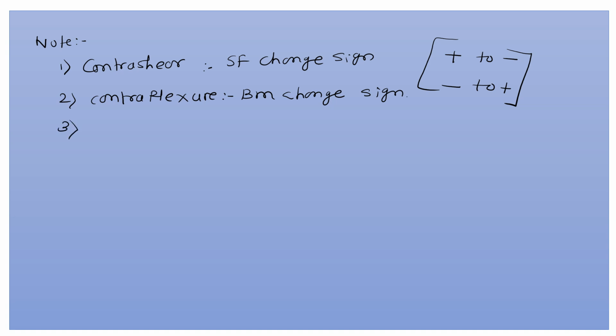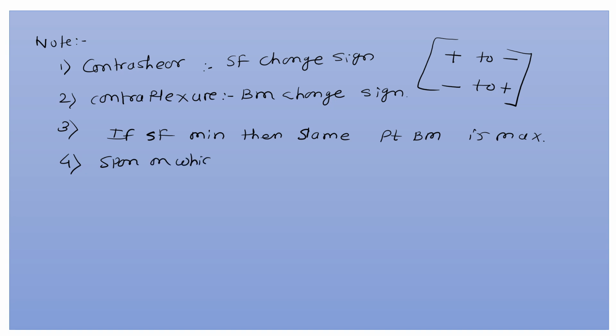Then one more point is important. If at any point shear force is minimum, then at that same point bending moment is maximum. These are the important points. Remember these. And one more point: the span on which shear force is constant is called the shear span.